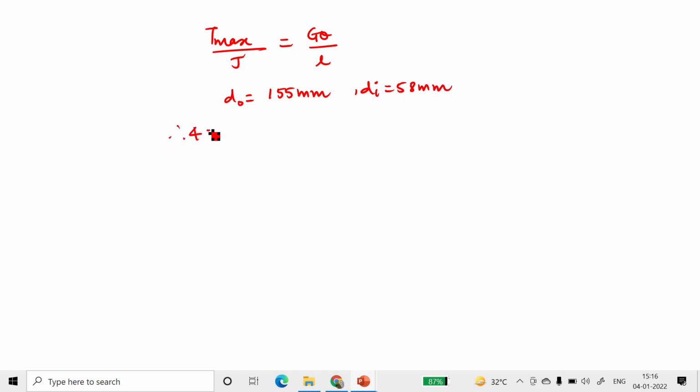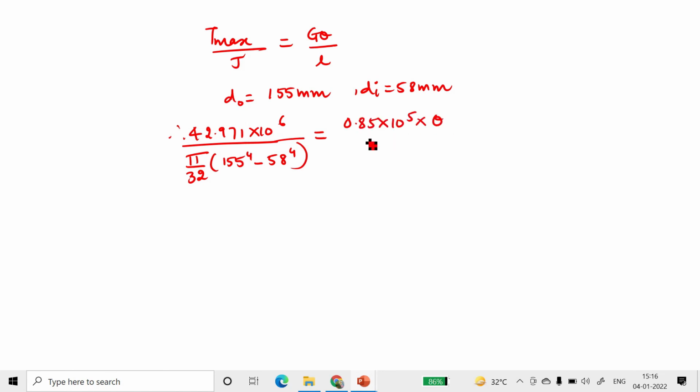Therefore 42.971 into 10 raised to 6 upon pi by 32, 155 raised to 4 minus 58 raised to 4, is equal to 0.85 into 10 raised to 5, theta is what I'm trying to calculate, and L is 4000.